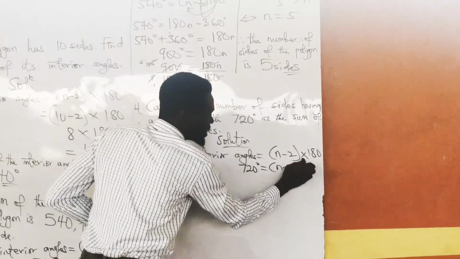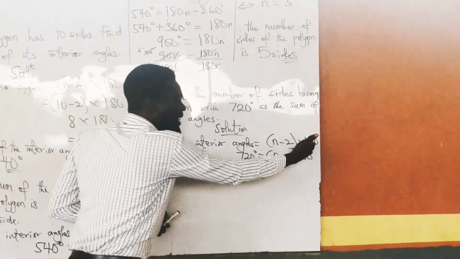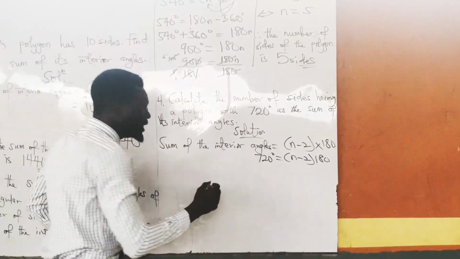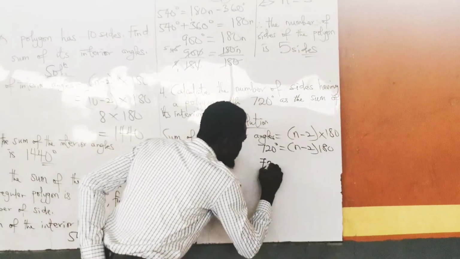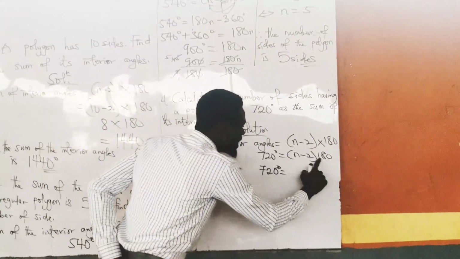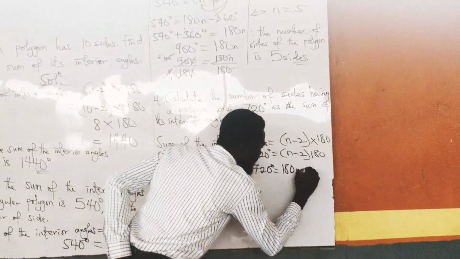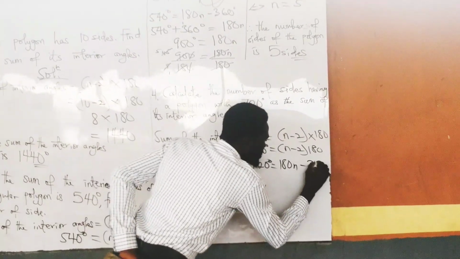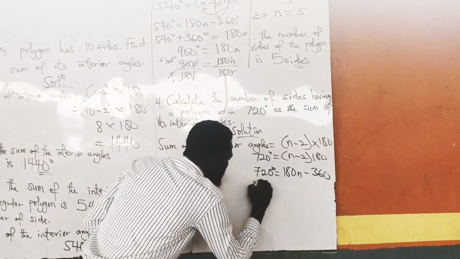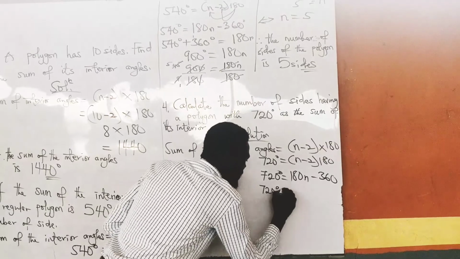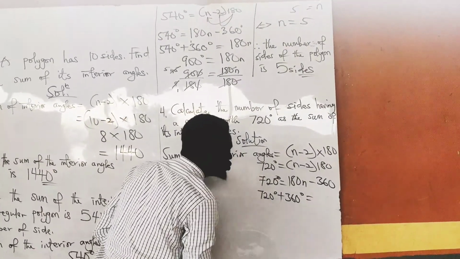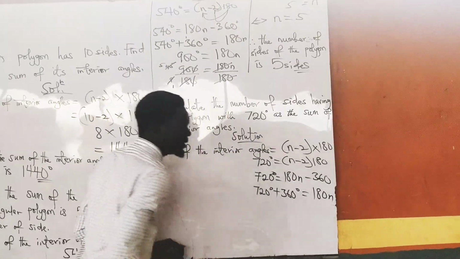Note that this is the same as the times. Where the 180 multiplies n, the 180 also multiplies the 2. So this is going to give me 720 degrees is equal to 180 times n, 180n, minus 360. Group like terms. This will give you 720 degrees plus, it will cross 360 degrees is equal to 180n.